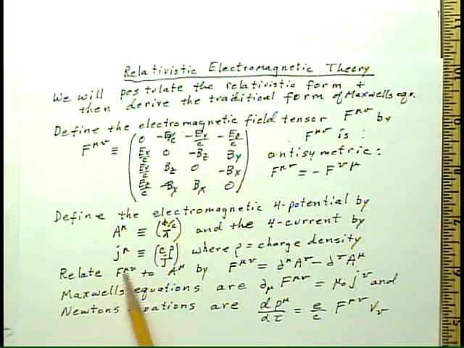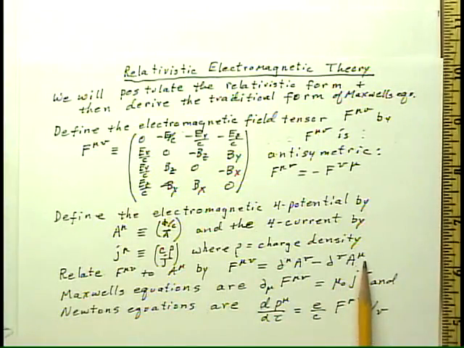We can relate F mu nu to A mu by the following equation. If it is true that an electromagnetic 4 potential exists, then it follows that F mu nu is equal to the partial mu of A nu minus partial nu of A mu.